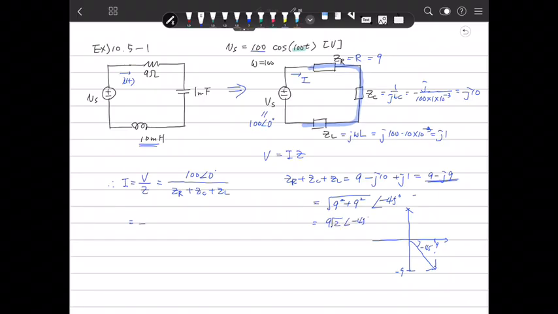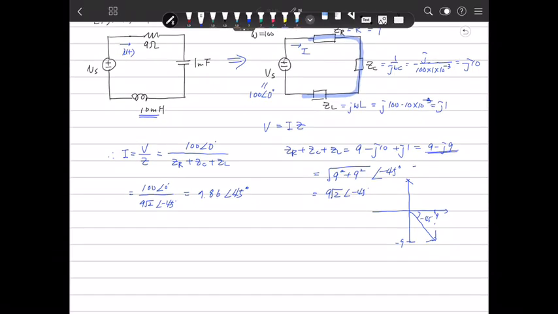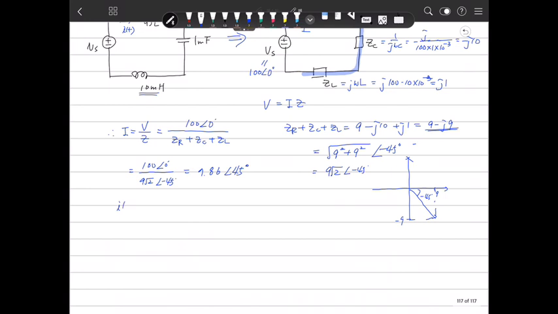So we can rewrite here 100 at 0 degrees divided by 9 root 2 at minus 45 degrees. Therefore, there is 7.86 at 45 degrees. So we can transfer I to the time domain.